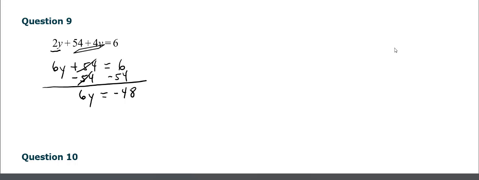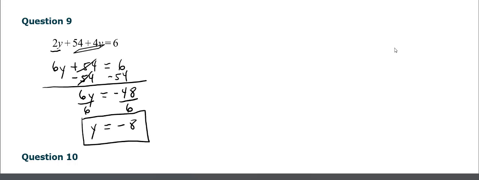Now in our last step, we want our coefficient to be positive 1, so we're going to divide both sides by positive 6. So 1y equals a negative divided by a positive is a negative, and 48 divided by 6 is 8. So my answer would be y equals negative 8.